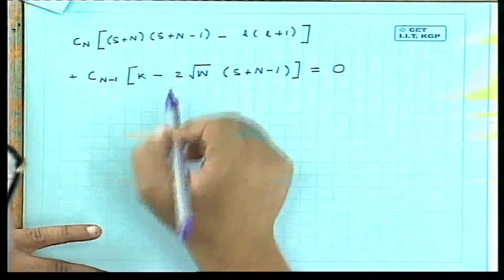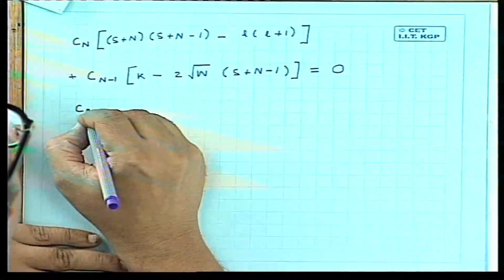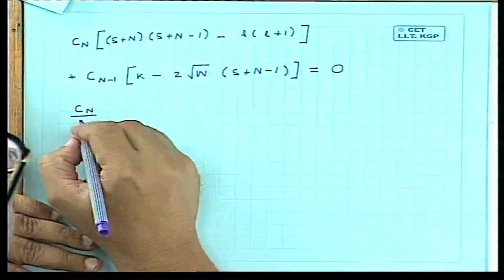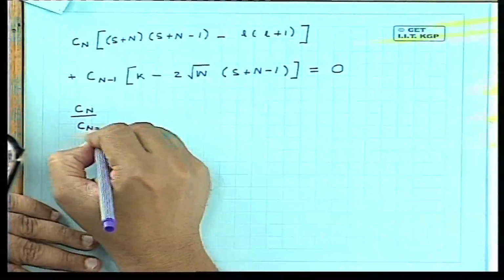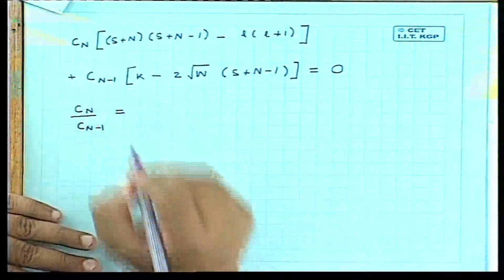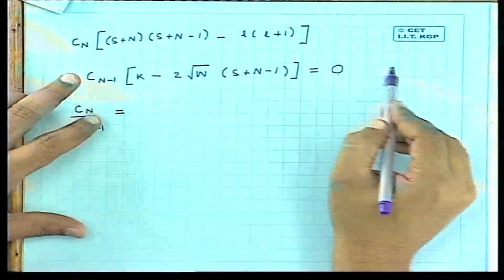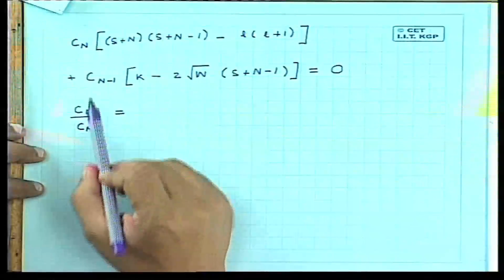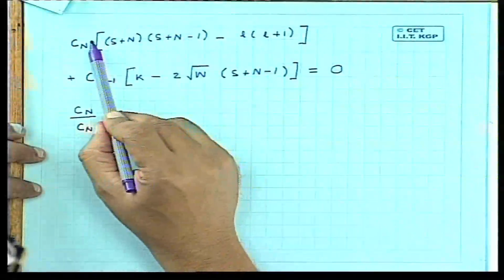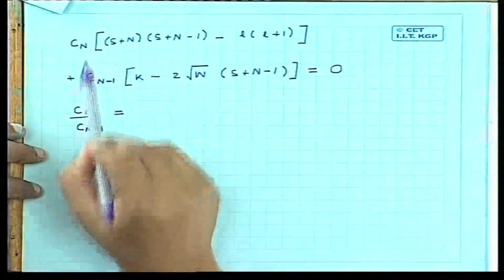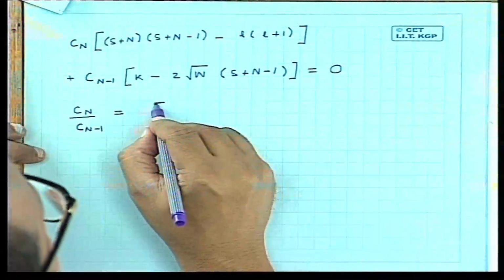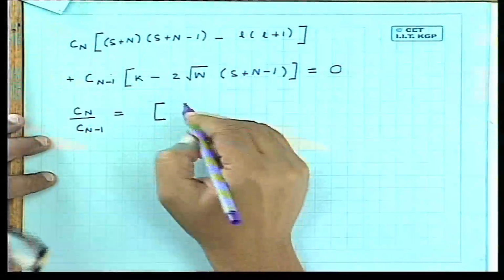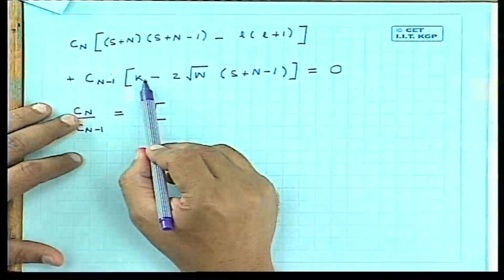Let us simplify this a little more. So what this gives us is that Cn by Cn minus 1 is equal to, so I take this onto the right hand side and then divide throughout by Cn minus 1 and divide throughout by this coefficient over here. I am going to get an extra minus sign when I take this on the right hand side, so that can be compensated for by interchanging these two terms.